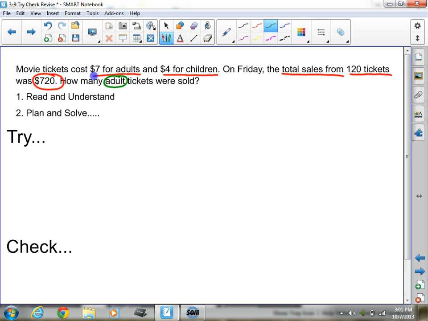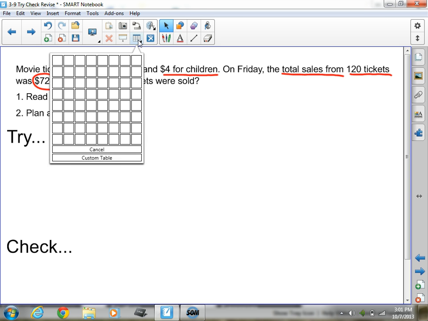So now we need to plan it out and attempt to solve the problem with the information that we have given. So to help determine how many adult tickets were sold, we are going to try, check, and revise a reasonable combination of numbers. So since 120 tickets were sold, we're going to try a number out. In order to do this, I'm going to make a chart.